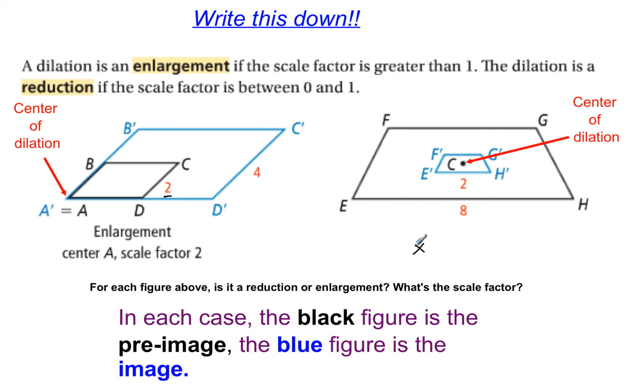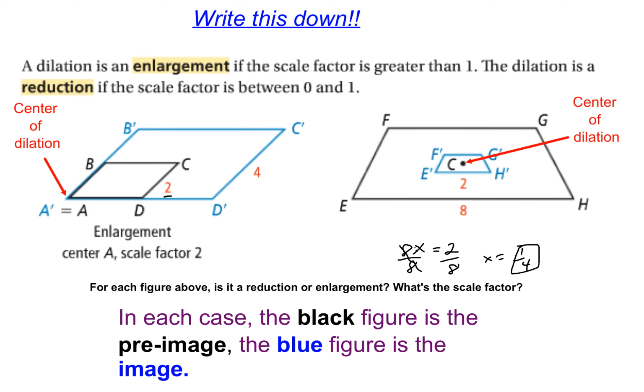And what we're saying is 8 times X is equal to 2. I've got to solve for X, so I divide both sides by 8. Well, these guys cancel out. X is equal to 2 over 8, which is the same thing as 1 over 4. So my scale factor is 1/4.